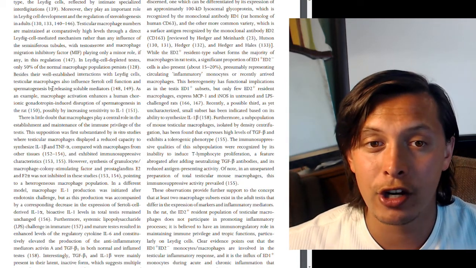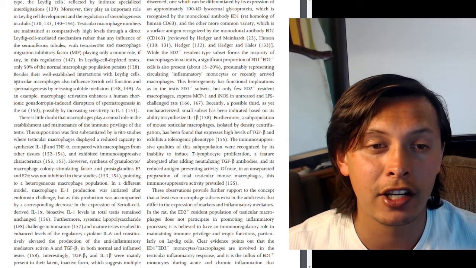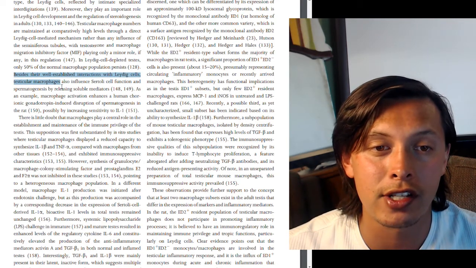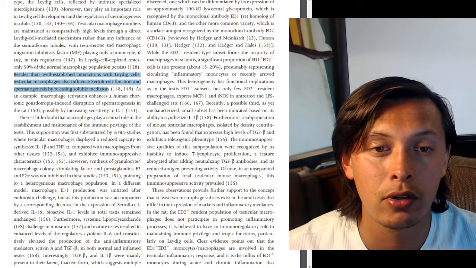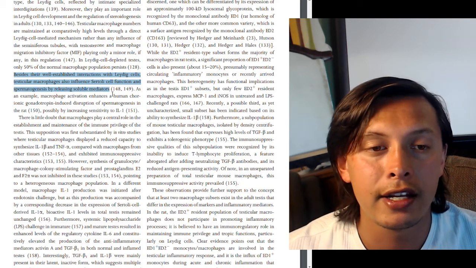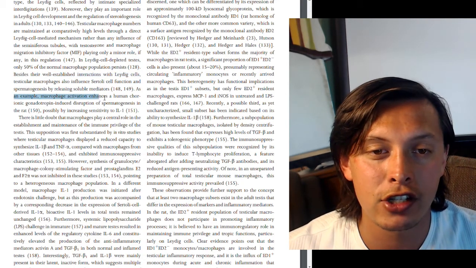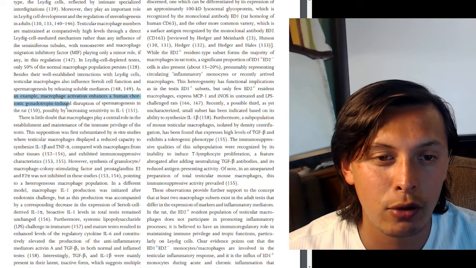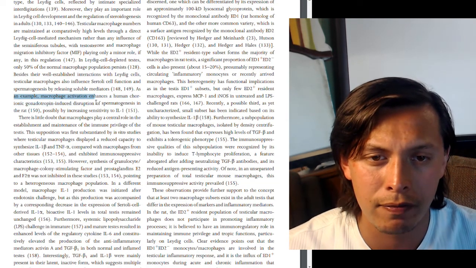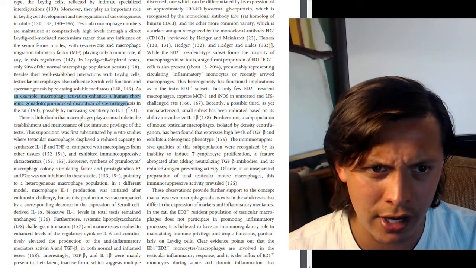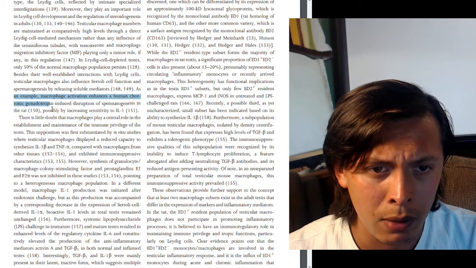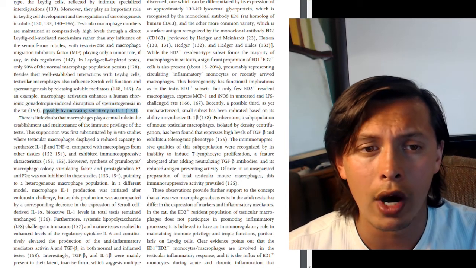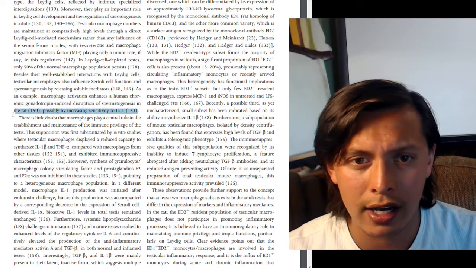Besides their well-established interactions with Leydig cells, testicular macrophages also influence Sertoli cell function and spermatogenesis by releasing soluble mediators. An example: macrophage activation enhances a human chorionic gonadotropin-induced disruption of spermatogenesis in the rat, possibly by increasing sensitivity to interleukin-1. So I won't be able to digest that.